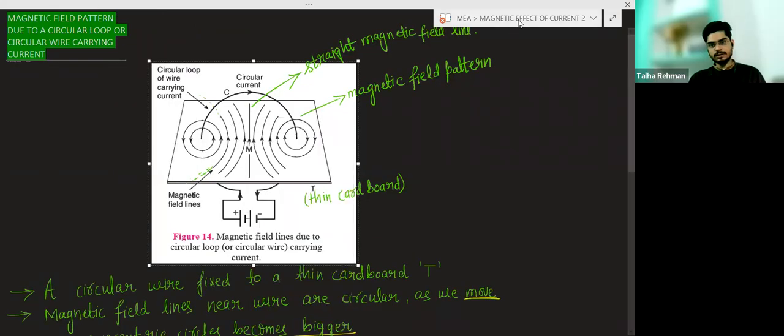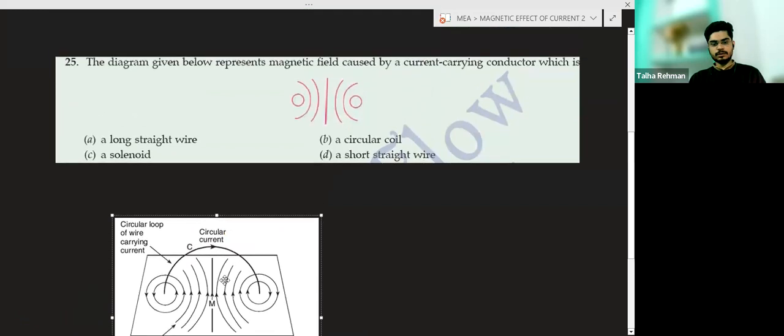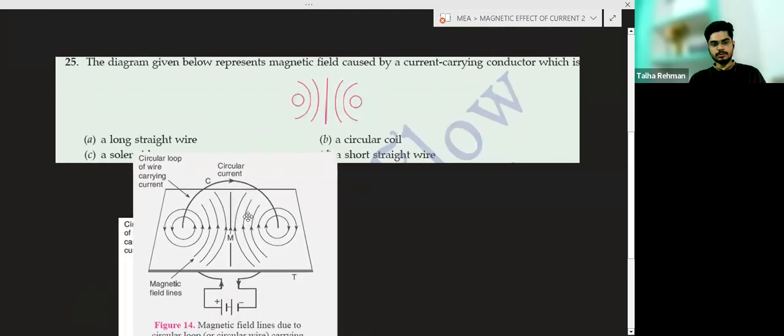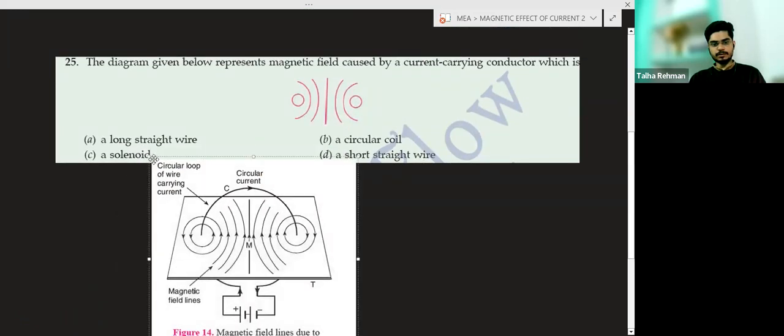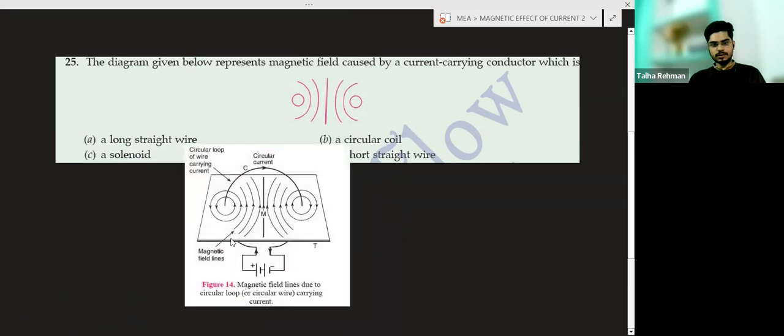See the pattern. Compare the pattern. So compare one straight line, circles. So which is this wire?